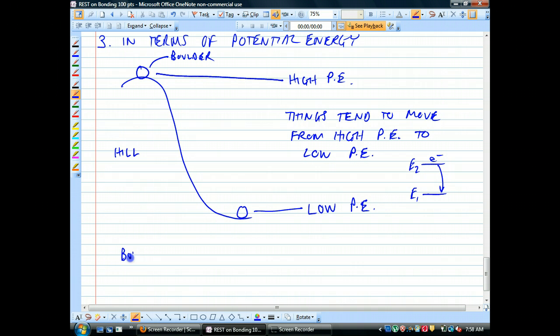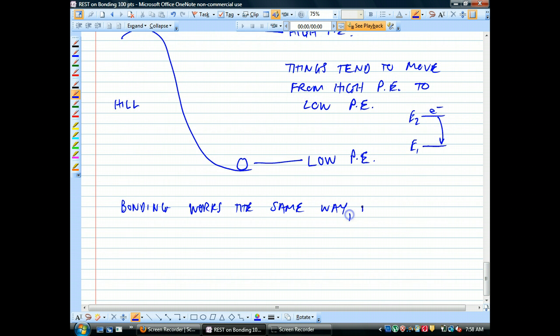Bonding works the same way, but it's not gravitational potential energy. It's electrical potential energy. Now, the best way I can describe this is with magnets.